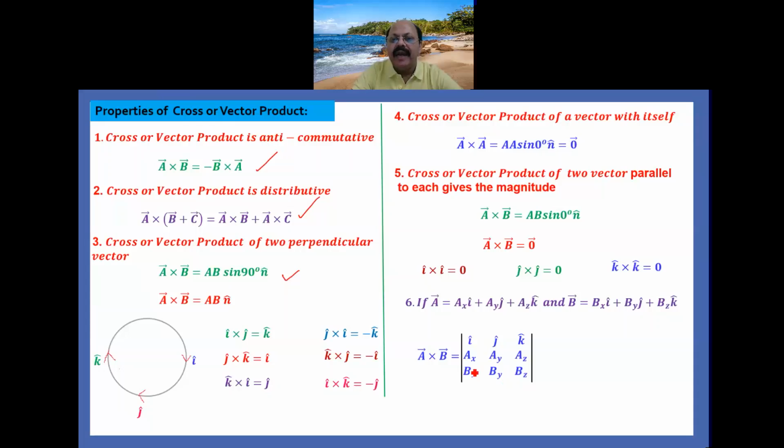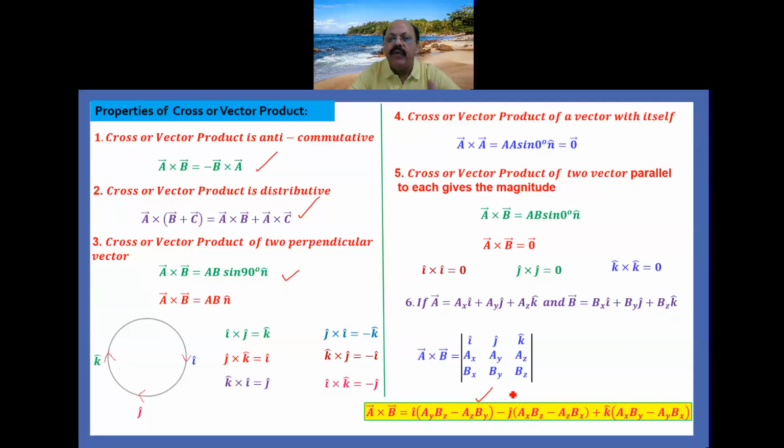So when you are calculating the value of I cap, j cap and k cap, how can you do it? You see here, when you calculate for I cap, you hide this portion and then take the order ay bz minus by az. After that, to continue the same order, you write minus j cap.